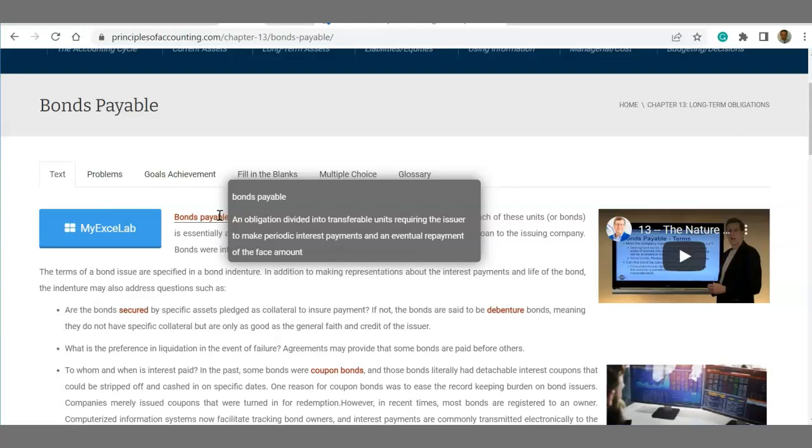Normally semi-annually, twice a year, they get an interest payment every 6 months for the amount of investment they made. And at the end of the maturity date of the bond, they will get the original investment back.